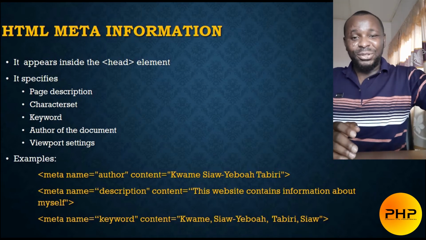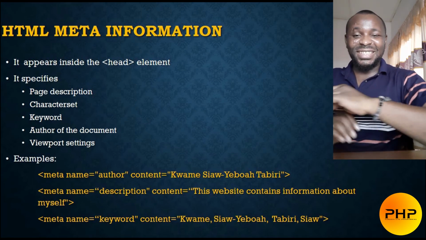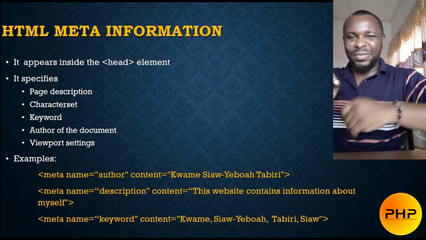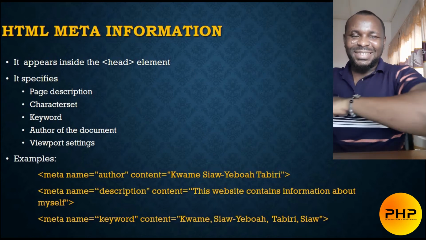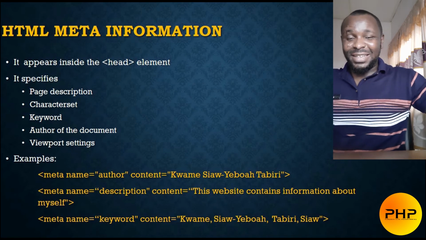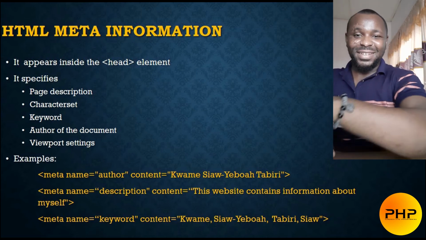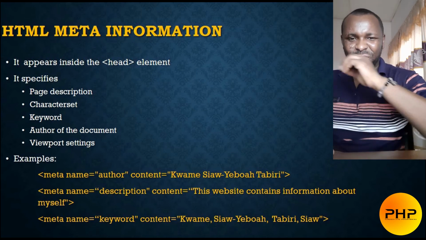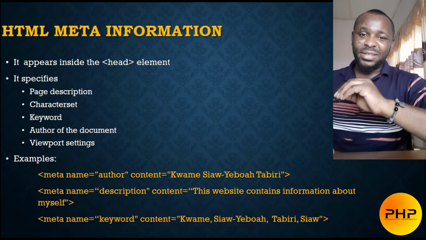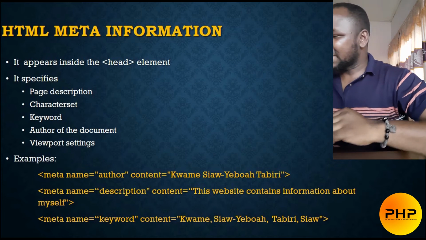Because most of them have defined the keywords in their metadata. The algorithm of the search engine has been programmed to scout through all the web pages, the website servers, and pick all of them that have programming in their keywords. So if you are building a strong SEO, search engine optimization.